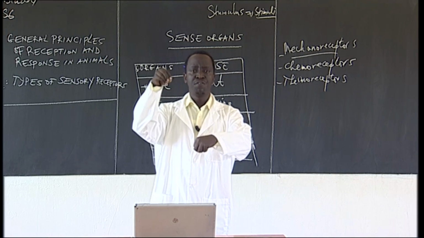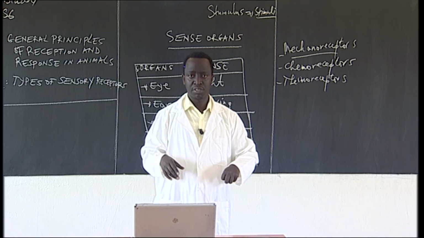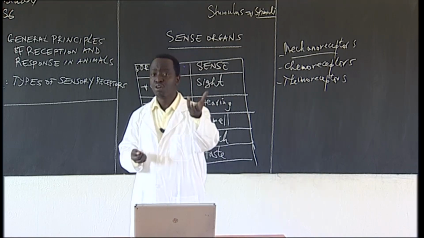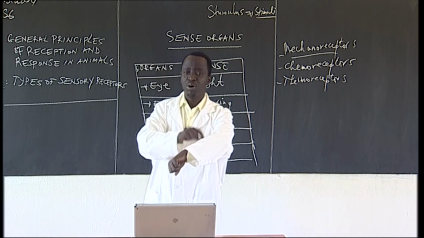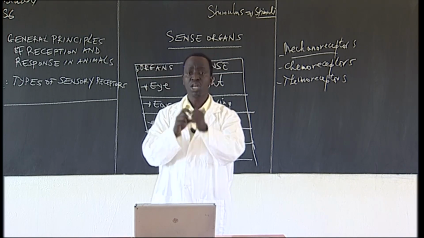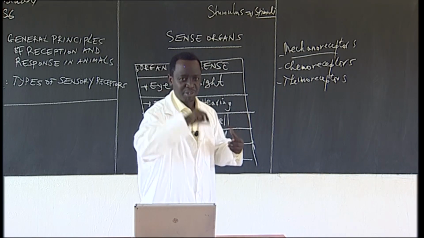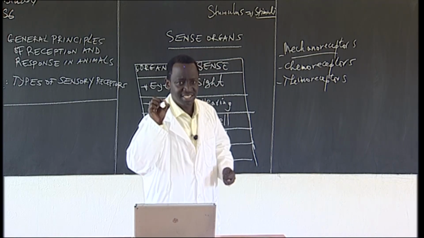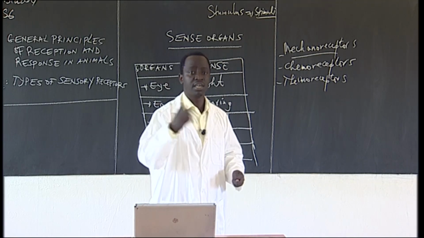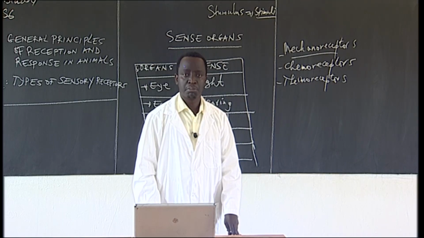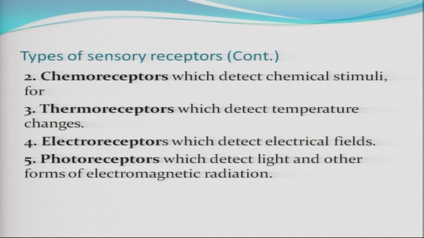What informs you that it is cold? We have thermoreceptors that are found in the skin. They inform you that it is cold. They detect the stimulus of coldness. If it is hot, those thermoreceptors in the skin detect that hotness. Are you getting this? Is it good?